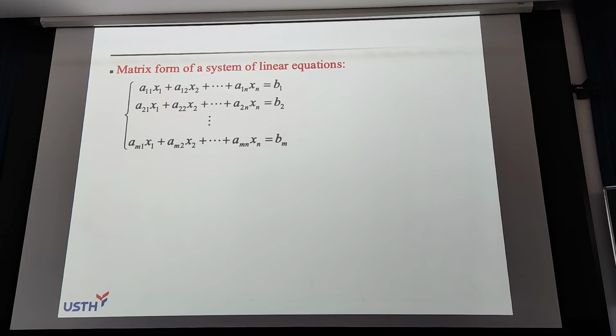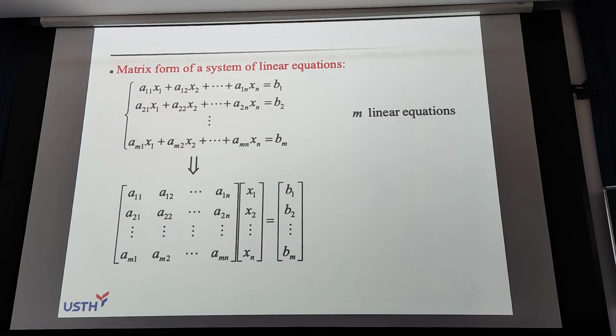You see, that is m linear equations. But now we change it into that one. You see, now the coefficient matrix became the big A here, and the column of unknowns is here.